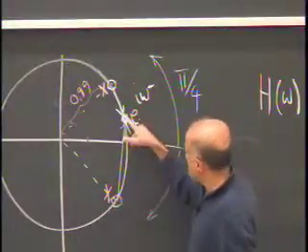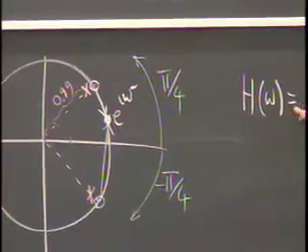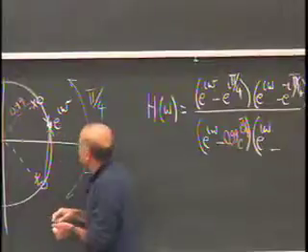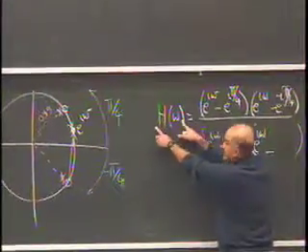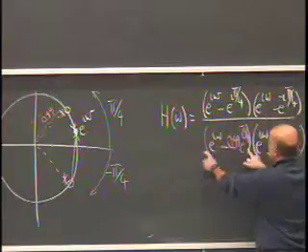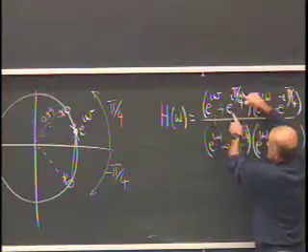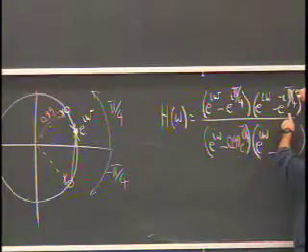Okay? Now, I'm looking at a filter that I write in factored form for every term that I have here. For an e to the I pi over 4, I have to have a complex conjugate term.